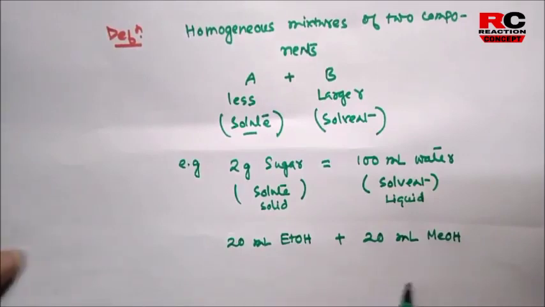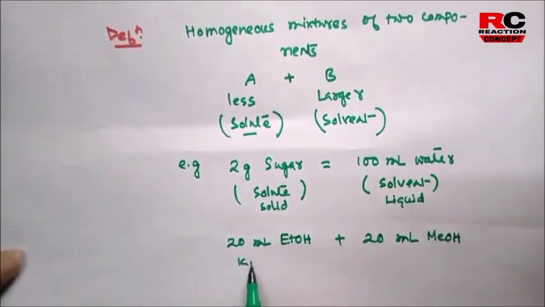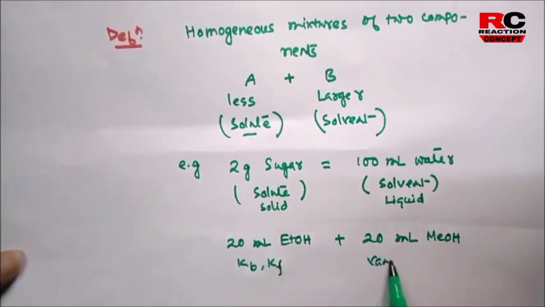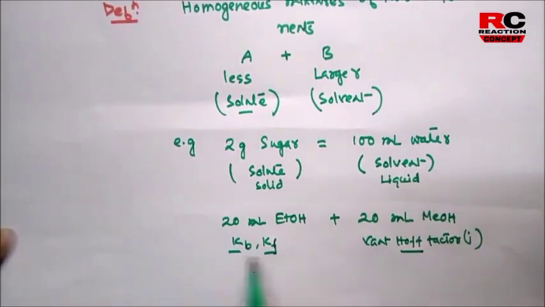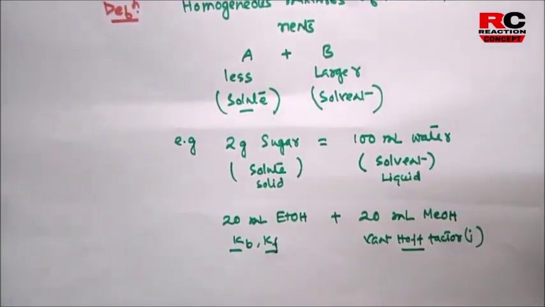Suppose you are given the cryoscopic constant of methanol and the ebullioscopic constant of ethanol is given. Here in this case the Van't-Hoff factor of methanol is given, that is i. These things will be discussed later in this chapter, so don't worry about these terms: cryoscopic constant, ebullioscopic constant, Van't-Hoff factor.